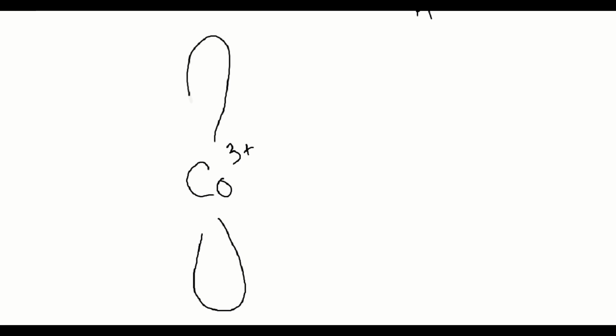Cobalt is a transition metal that commonly makes a 3 positive cation. It turns out it has 6 of these empty orbitals. They're hybrid orbitals, and I'm trying to do this three-dimensionally. This one's sticking out back there, and this one's sticking out back there, this one's coming out here.